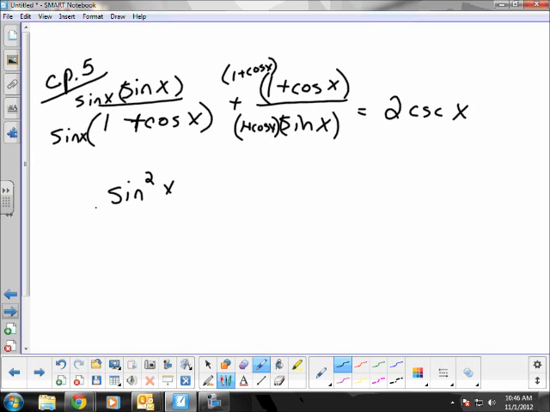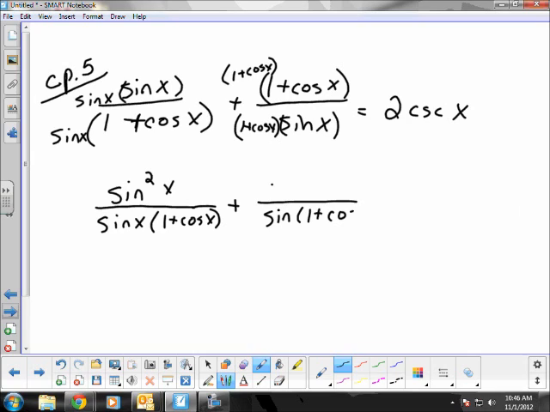And so what does this one become? Sine squared of x over sine of x times 1 plus the cosine of x. And what does this become? What do you have to do with that one to find the top? I do have sine of x times 1 plus the cosine of x on the bottom.